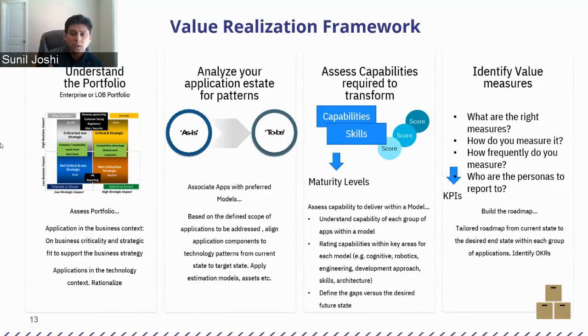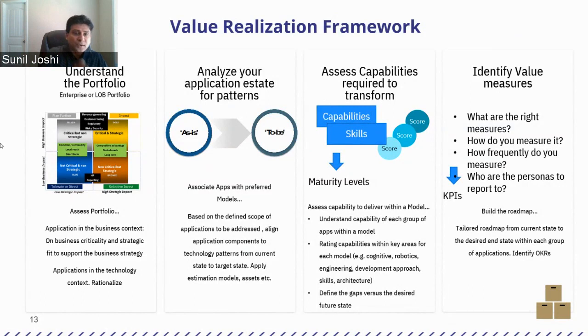And I will also in the next few charts walk you through a specific example and then apply this framework to that specific example. When we say we now got what the market is asking for, we kind of understand the broad landscape of how the application estate is out there. This is reality, right? That's how the application estates are. How do I think about modernization where I can maximize the value realization?